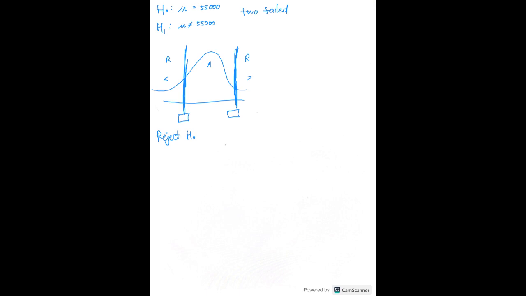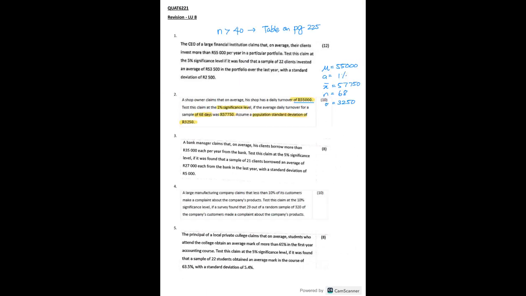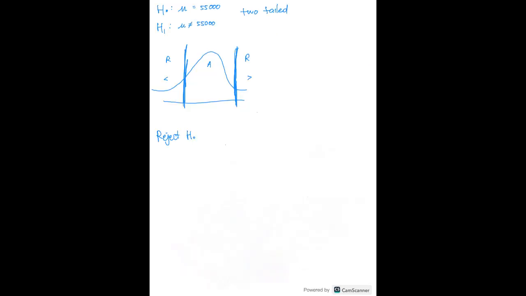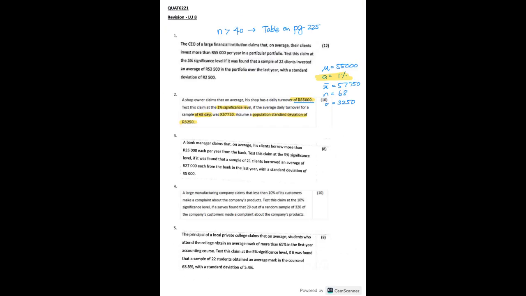So now on page 225, we need to know the significance level and the type of test. The significance level was 1%. Here it is here. And the type of test is a two-tailed test. We said that here at the top. So let's go to the table. I'm going to project it here.